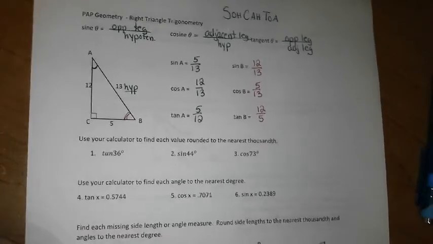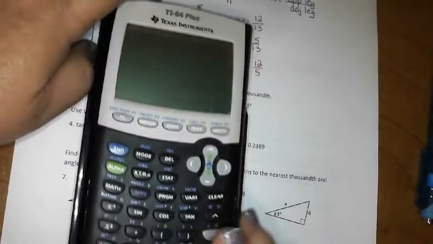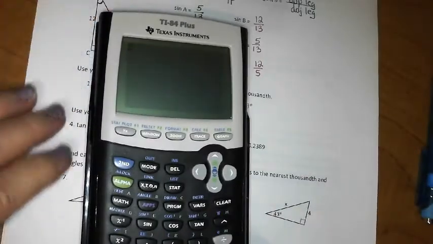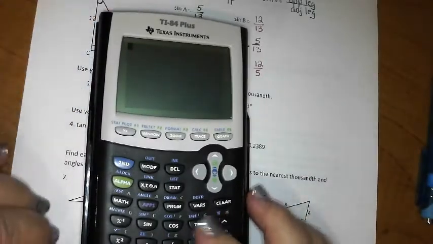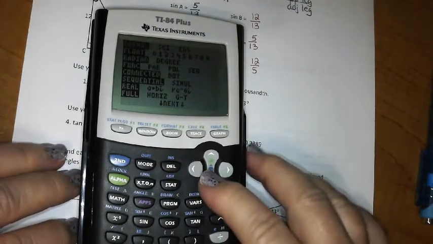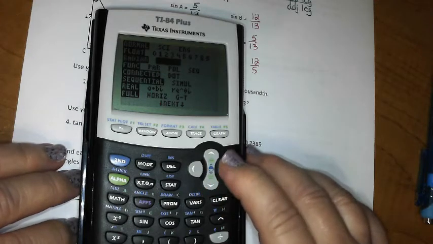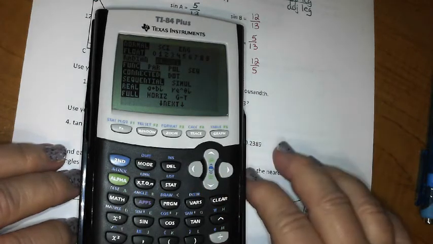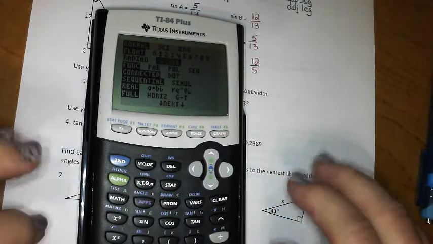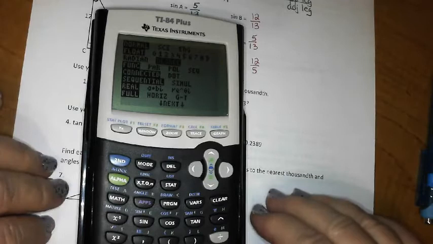All right, so how do we do this on our calculator? First of all, I would have you get your calculator and check your mode. Mode is the button right next to second. If you scroll down a little bit, you'll notice this calculator is in radians. I need to be in degrees. Whenever we're doing right triangle trigonometry, talking about the angles in our triangles, we need to be in degrees.